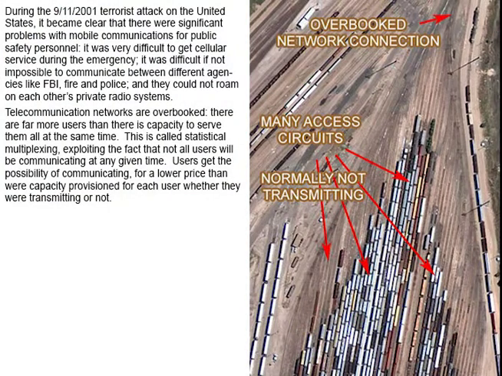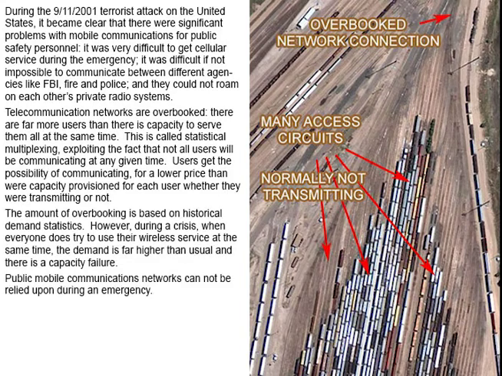Telecommunications networks are overbooked. There are far more users than there is capacity to serve them all at the same time. This is called statistical multiplexing, exploiting the fact that not all users, statistically speaking, will be communicating at any given time. Users get the possibility of communicating for a lower price than were capacity provisioned for each user, whether they were transmitting or not.